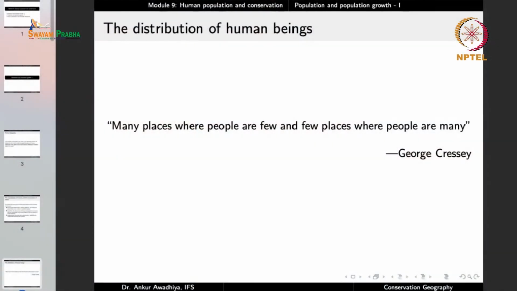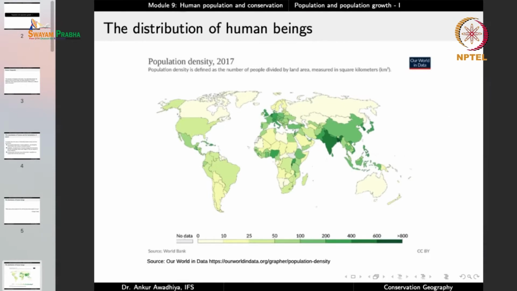But in certain locations, in few locations, humans are many. We have a very great amount of population density, especially in those areas that have fertile lands and hospitable climate with plenty of water. So if we look at the distribution of human beings on the planet, we'll find that there are certain locations like India and Bangladesh where the population density is very large.